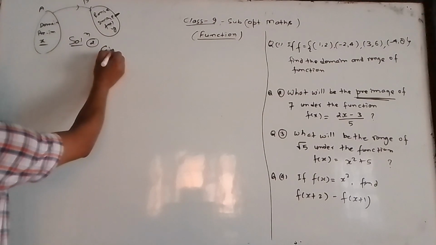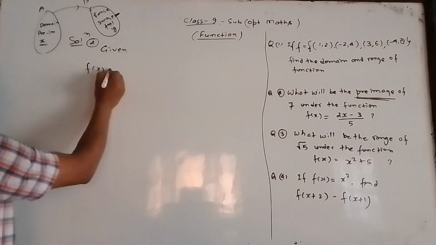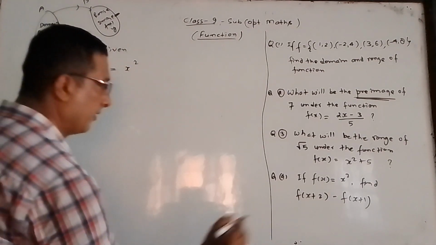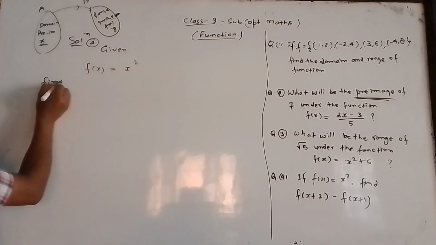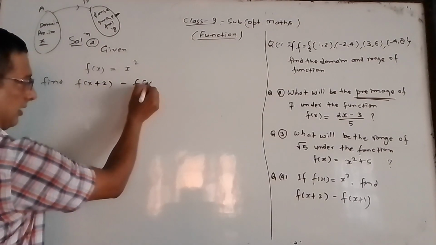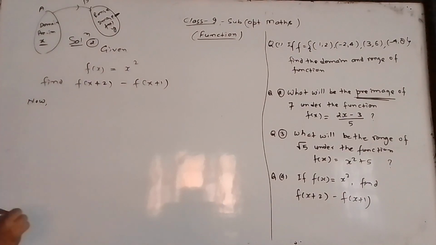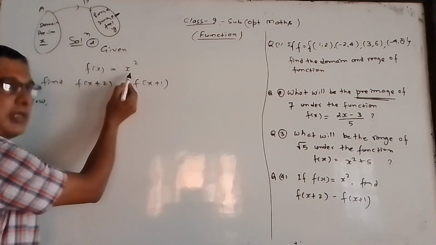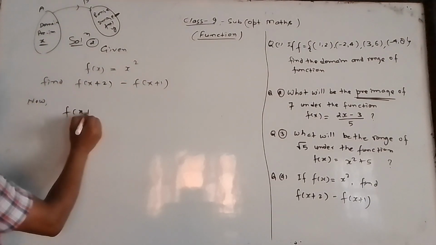Again, write the given. f(x) is equal to x square. Find f(x + 2) - f(x + 1). Okay, now f(x) is equal to x square. Then first find f(x + 2).